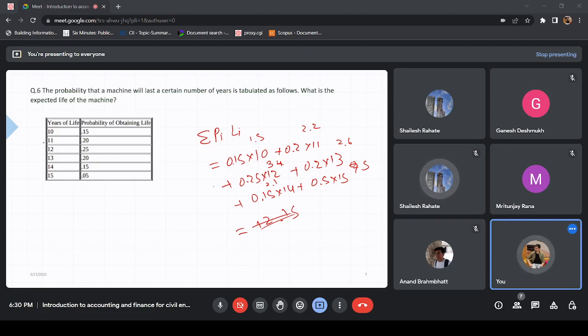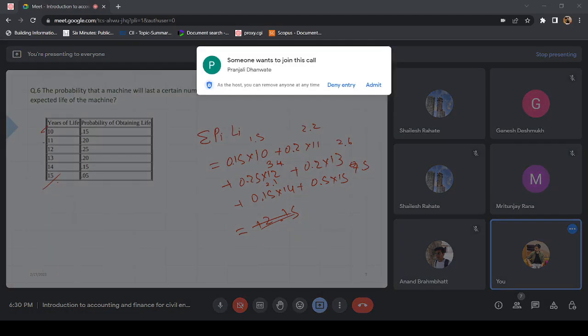I mean, if the life can only be between 10 to 15 years, then how are we getting a larger value? Yeah, do you get my question?